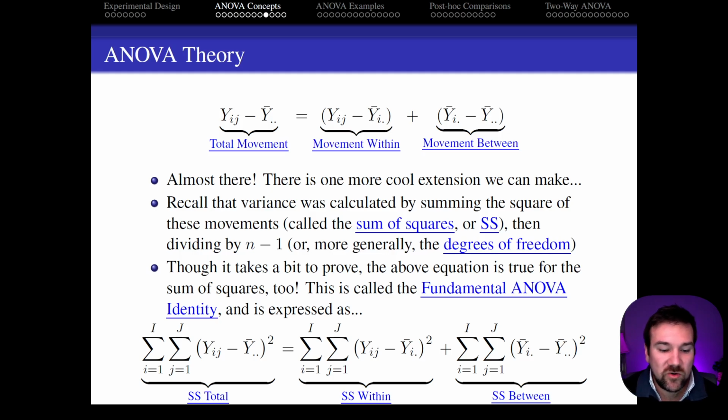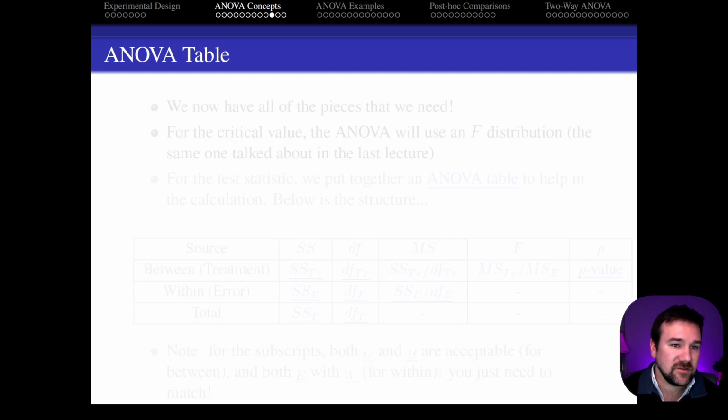The total variance component on the left-hand side is equal to the variance component inside of each group plus the variance component between each of the groups. That is, I can break down the total movement in data into just 2 pieces with nothing left over: the movement inside each group and the movement between the groups. And that's the whole concept behind what our ANOVA analysis does.